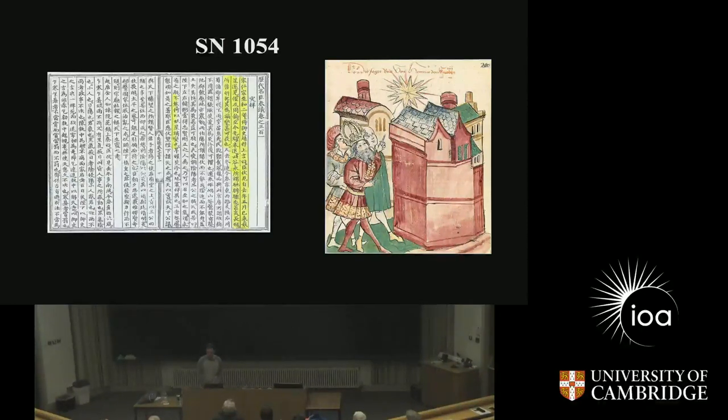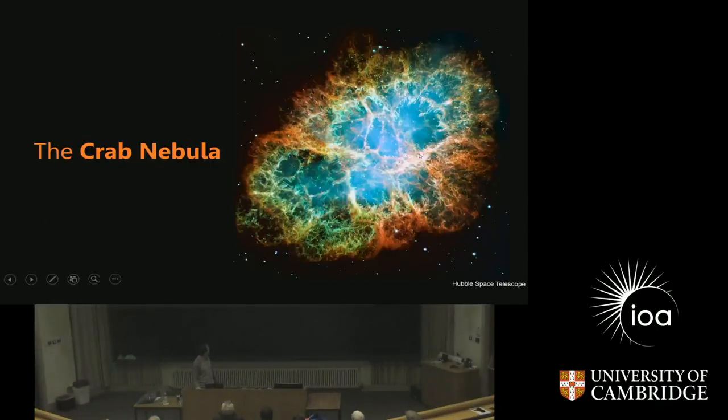And the Chinese astronomers wrote down exactly where in the sky they saw this star appear. And we can use modern technologies such as the Hubble Space Telescope to look at the exact same point in the sky. And when we do that, what we see today is the Crab Nebula.